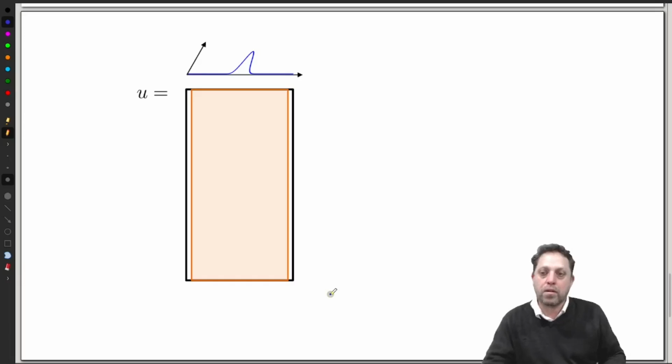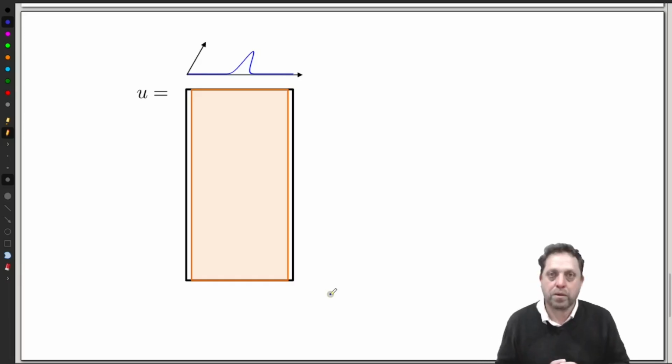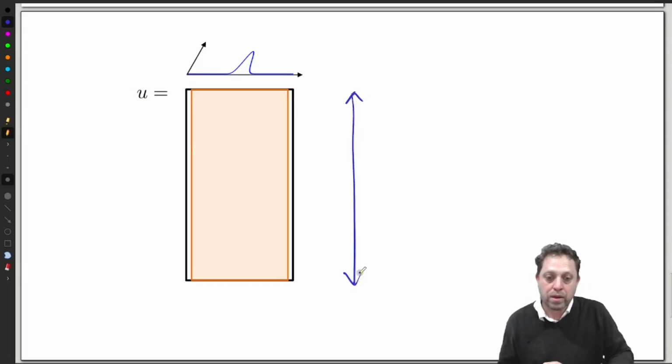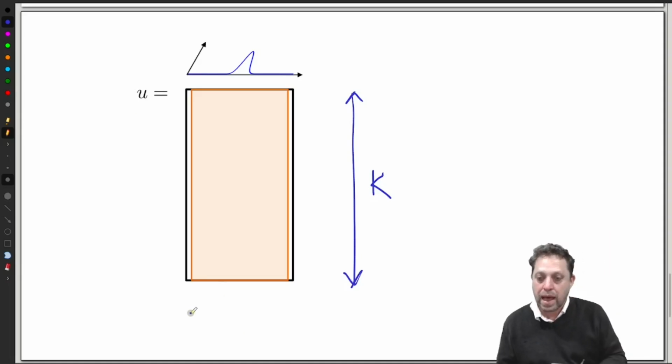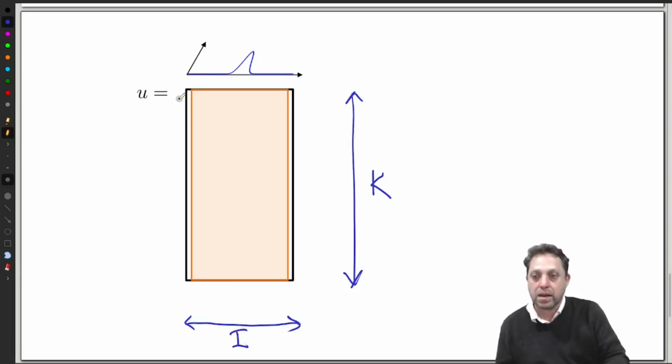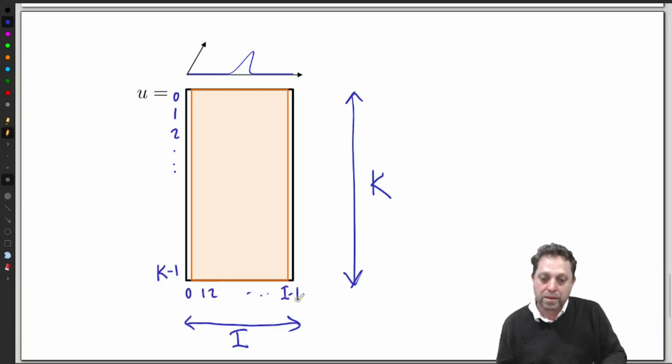Before getting into the coding, I just want to describe the data structure that we're going to use to hold our solution. And that is this matrix or 2D array that we call U. And so U is going to have capital K rows, so that's the time dimension, and it's going to have capital I columns, that's the space dimension. So time is numbered 0, 1, 2, all the way down to K minus 1, and space is 0, 1, 2, all the way up to I minus 1.